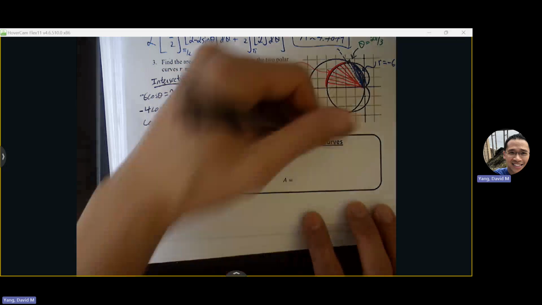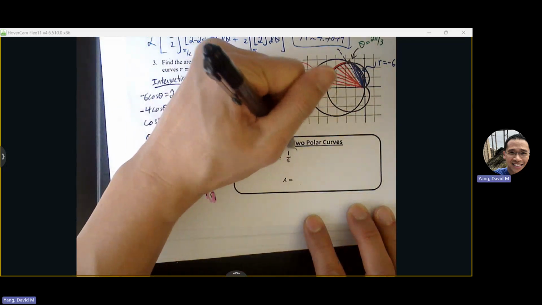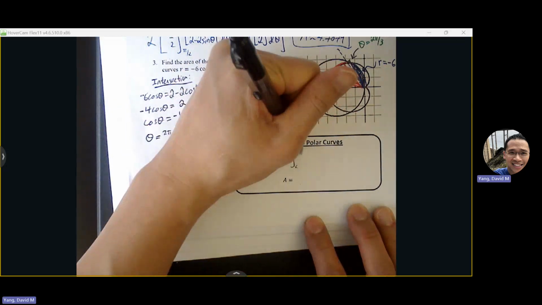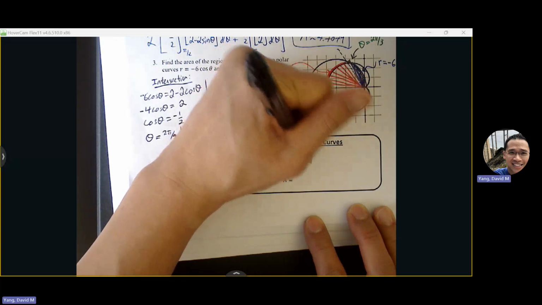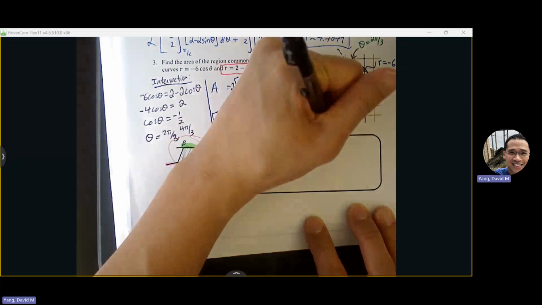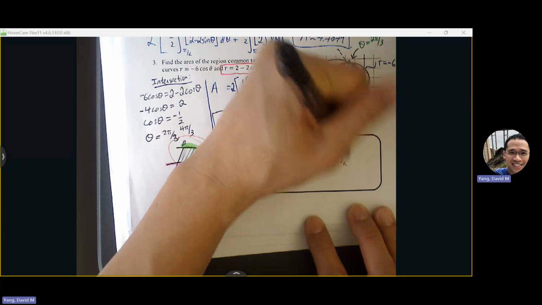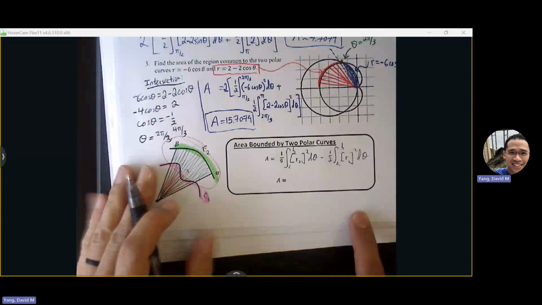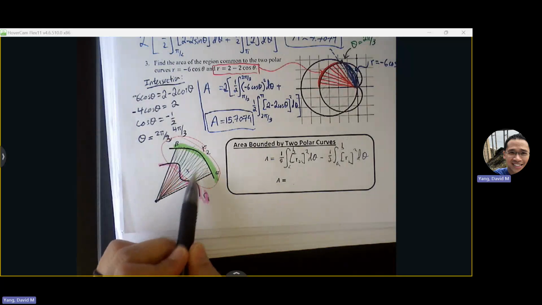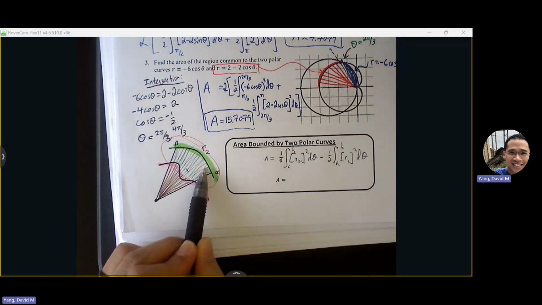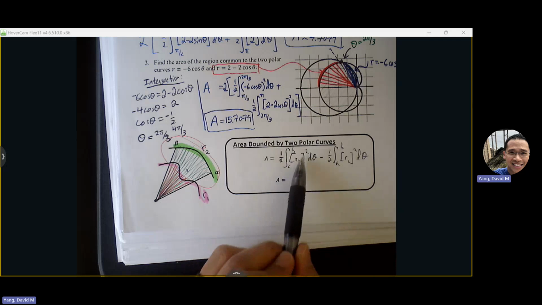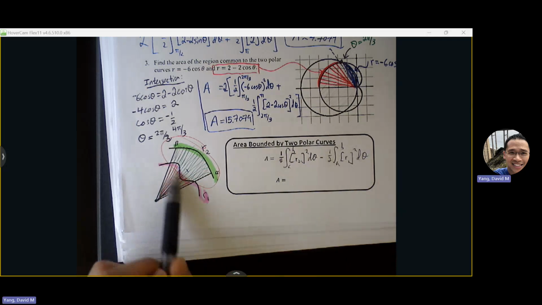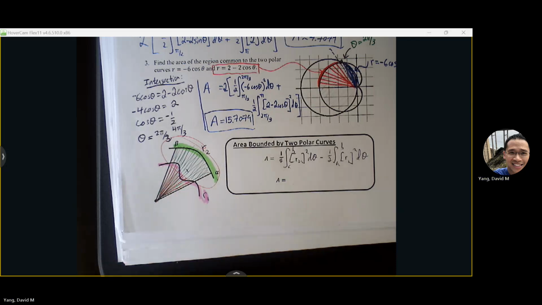So that formula is 1/2 integral from a to b of R sub 2 squared d theta minus 1/2 integral from a to b of R sub 1 squared d theta. So if I want to find the region between two curves, I need to find the area of the larger region and then subtract out the region that's closer to the origin.